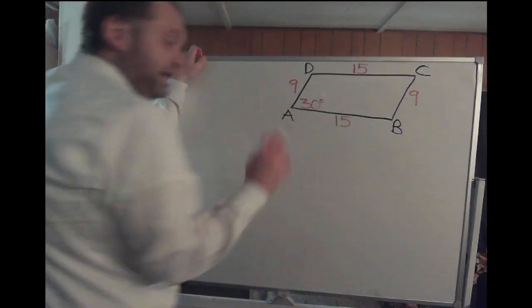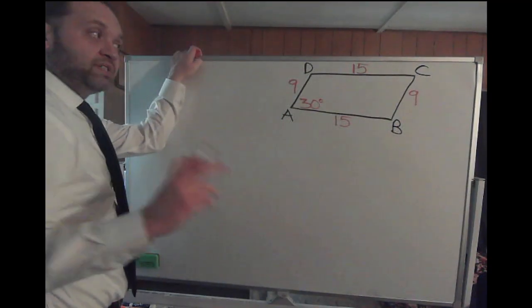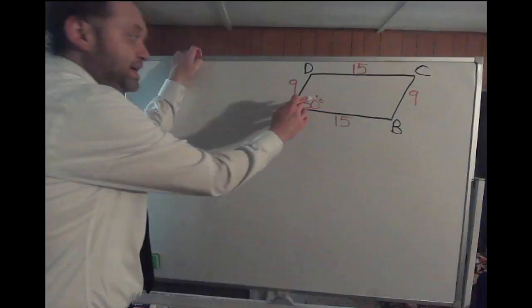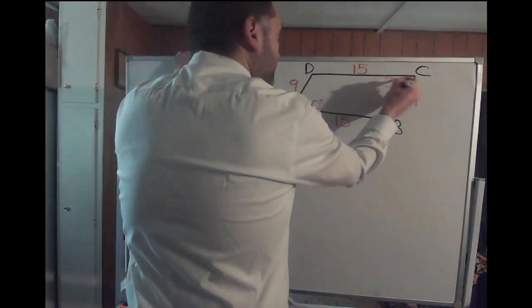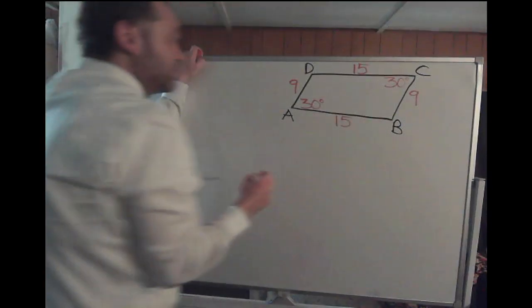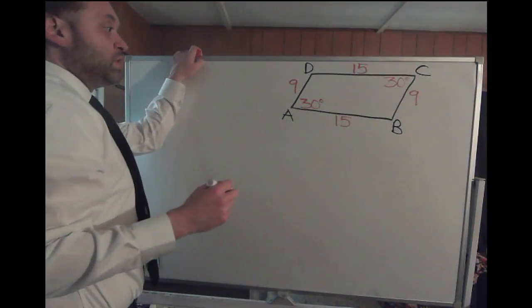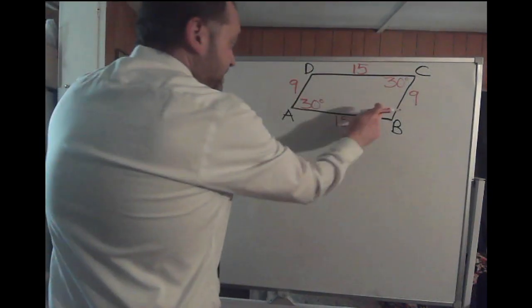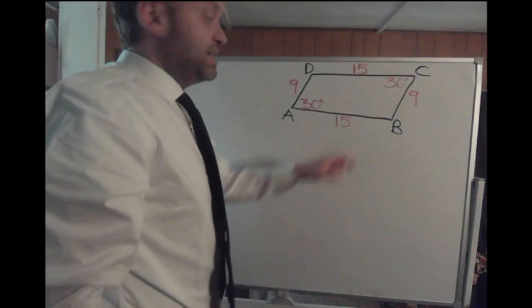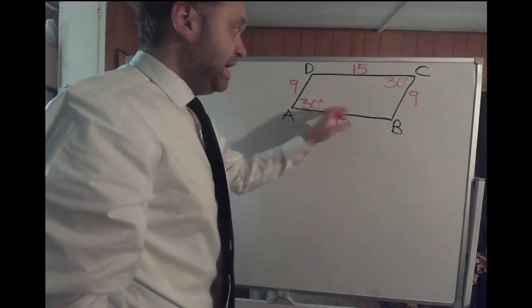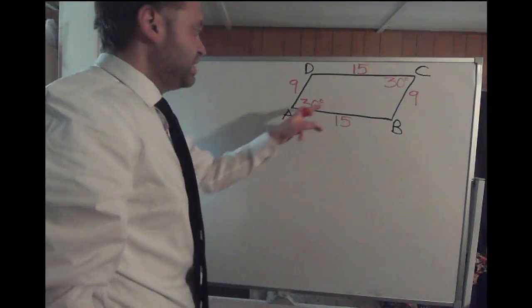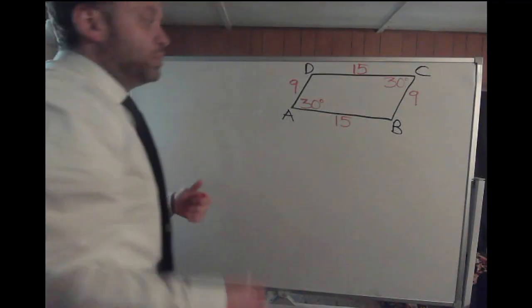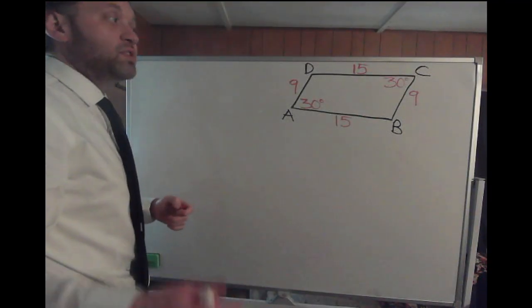We know about angles in parallelograms that opposite angles are congruent. So angle A is 30 degrees. Angle C, the opposite angle, would also be 30 degrees, right? Since opposite angles are congruent. Now if we look at angles B and D, angle B is the same side interior angle to both angle A and C. We know same side interior angles are supplementary.